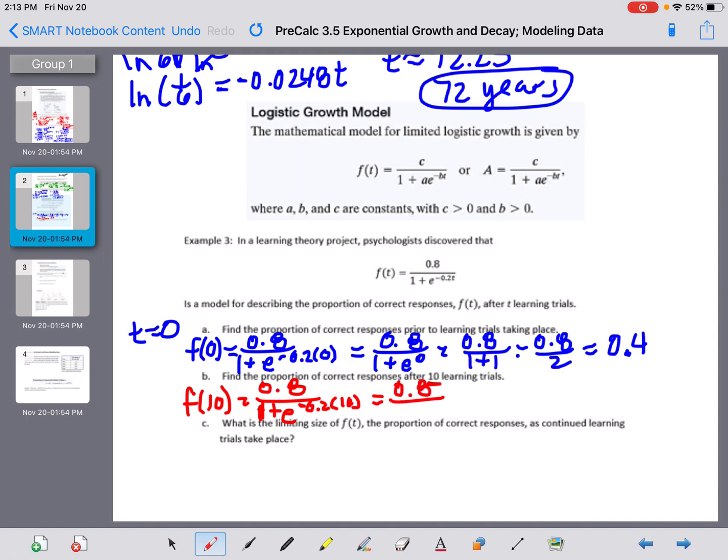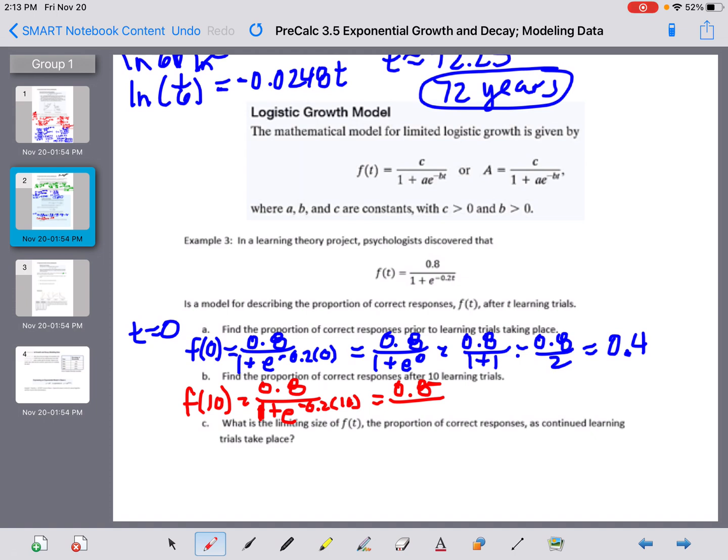I need to take negative 0.2 first times 10, right? So I get like negative 2. I need to take e to the negative second power and add it to 1. And that's on the bottom, right?